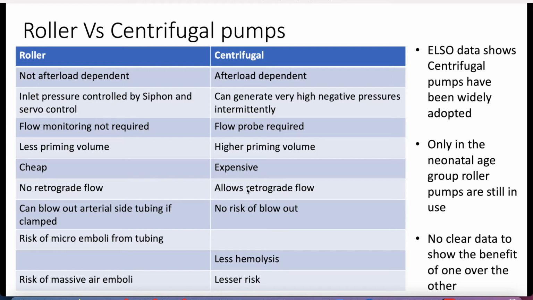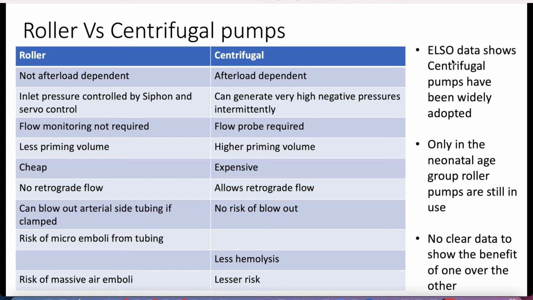Centrifugal pumps allow retrograde flow, whereas the roller pumps don't allow retrograde flow because they are occlusive. There is a risk of blowout of the arterial side with the roller pumps. The risk is not significant with centrifugal pumps. Because the tubing is compressed continuously by the roller, there is risk of microemboli from the tubing.